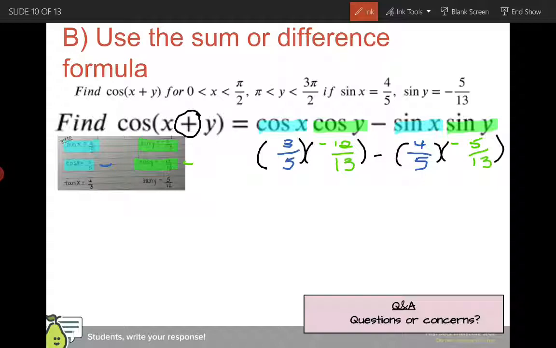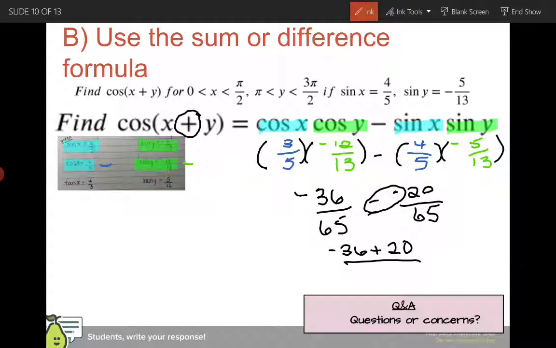So this first product is -36 over 65 minus second product is -20 over 65, and it simplifies to -36 plus 20 over 65, which is -16 over 65. Therefore, the cosine of x plus y with all that given information is the ratio of -16 to 65.